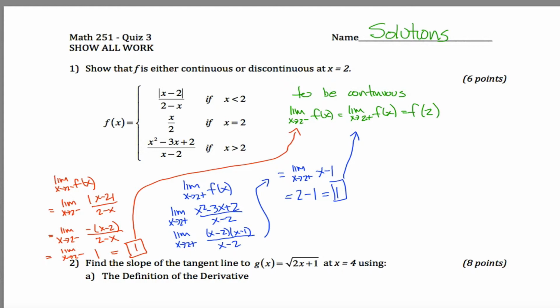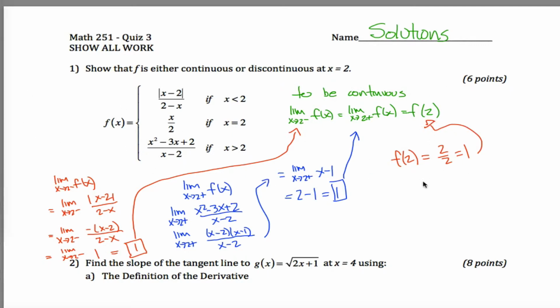However, that still doesn't mean that we're continuous at 2, because those two numbers also have to be the same as f of 2. And to figure out f of 2, I say when x equals 2, I use this rule right here. F of 2 is 2 divided by 2, which is also 1.